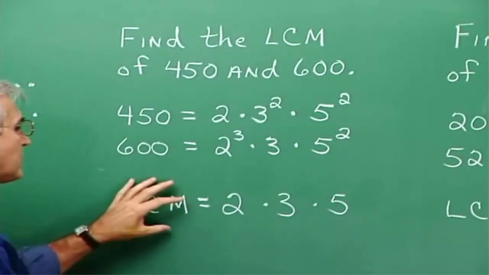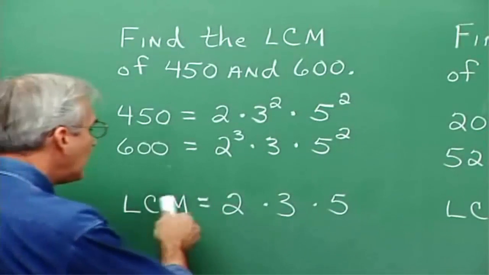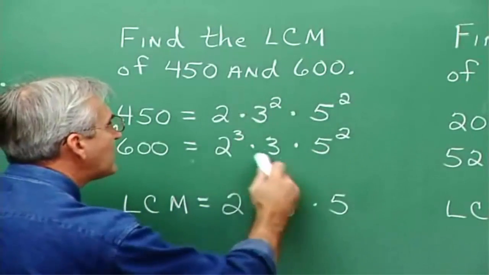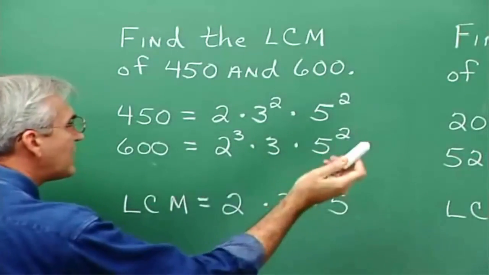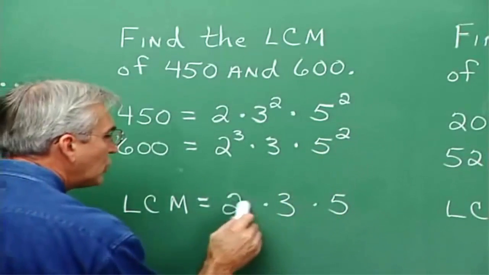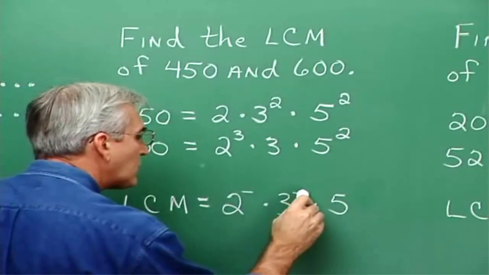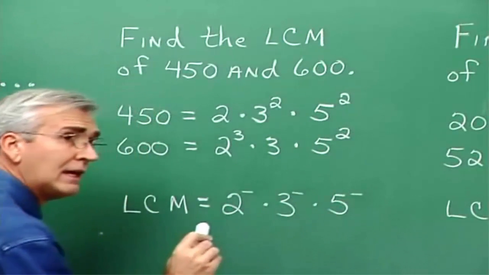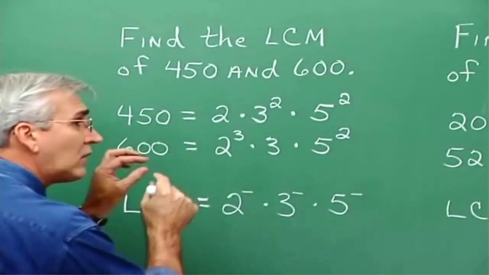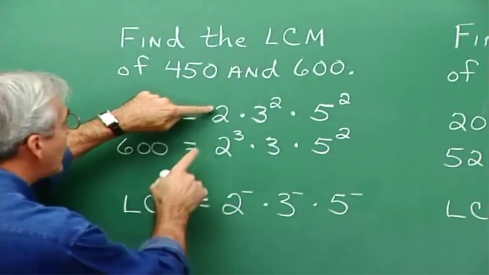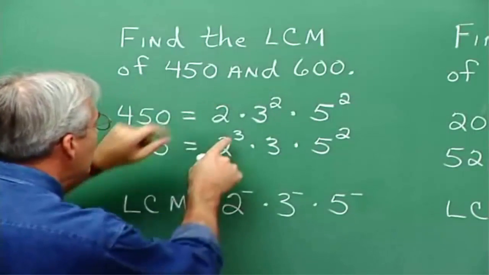But the idea for least common multiple is that the least common multiple is going to involve every different factor that we see. We see 2s, 3s, and 5s. So I'm writing a 2, a 3, and a 5 here. Now the trick is to identify the exponents on the 2, the 3, and the 5. And to do that, we just select the largest exponent on those shared factors. So here the exponent is understood to be 1, here it's 3.